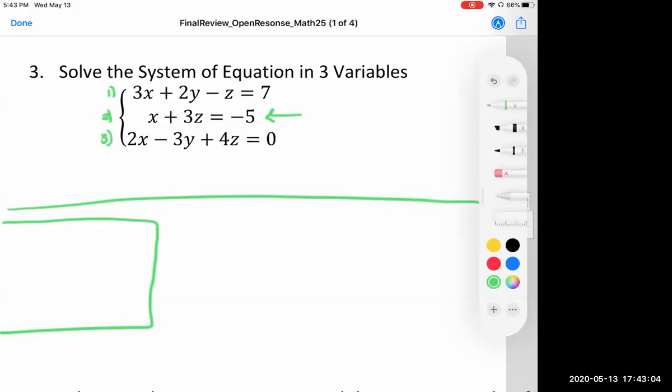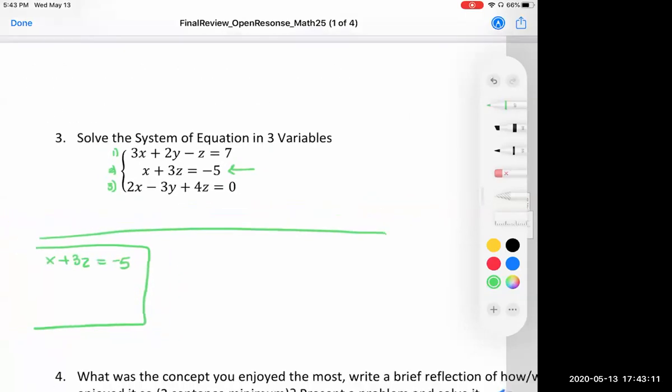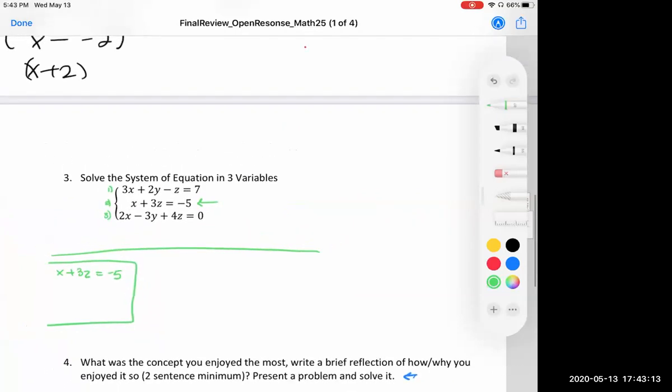So one of the equations we're going to work with is x plus 3z is equal to -5. Now using 1 and 3, I want to create another equation that has the same variables, x and z. Why x and z? Because I have x and z in one of my winning equations. So I want to get rid of y.